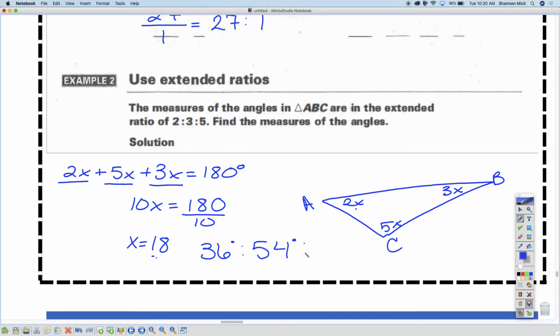And then 18 times 5: 5 times 8 is 40, carry a 4, so 90 degrees. So is it a right triangle? Yes. But did we know that? No. Have we done problems basically like this already? Yes, we have. They just haven't told us in terms of proportions, have they?